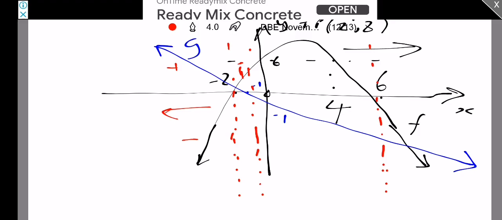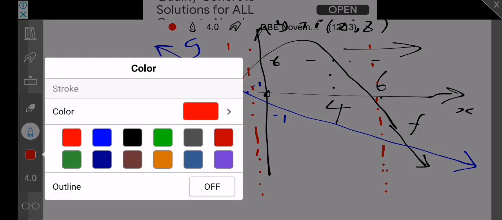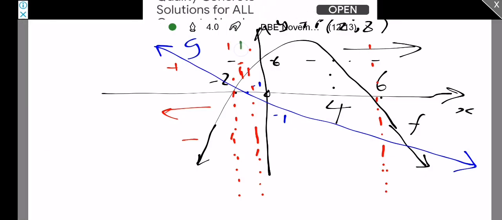You can notice that the graph of f, the parabola, is positive in this section. Let me use a different color, say green. So it is positive in this section, and the graph of g is also positive, because it is above the x-axis.